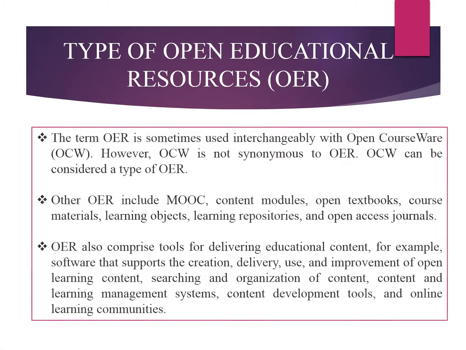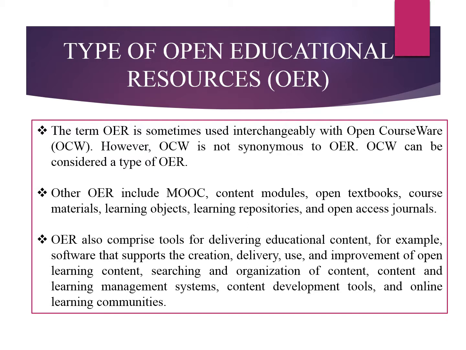Types of open educational resources. The term OER is sometimes used interchangeably with OpenCourseWare, OCW. However, OCW is not synonymous with OER. OCW can be considered a type of OER. Other OER include MOOCs, content modules, open textbooks, course materials, learning objects, learning repositories, and open access journals.